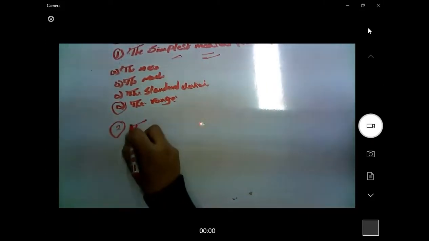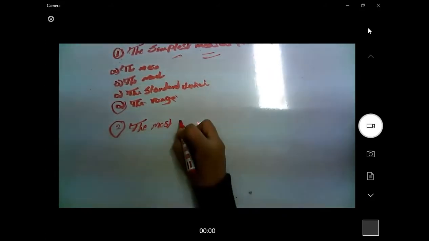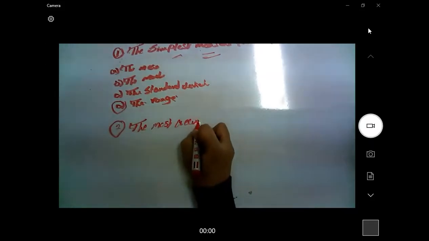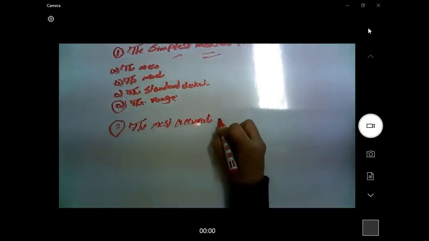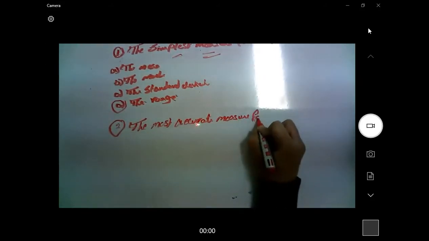The second question: the most accurate measure for dispersion.